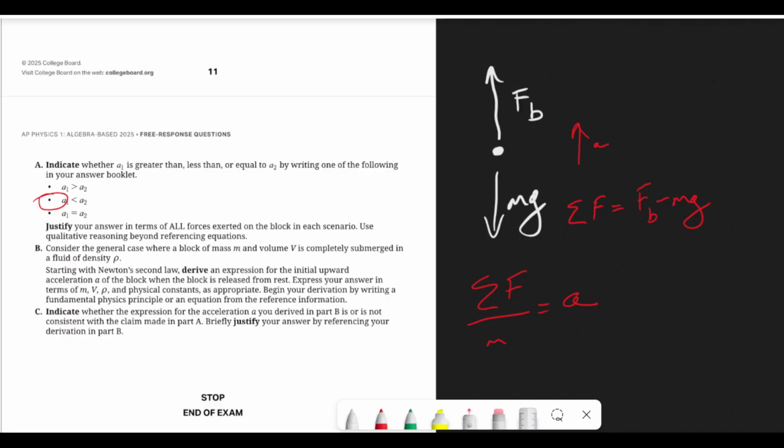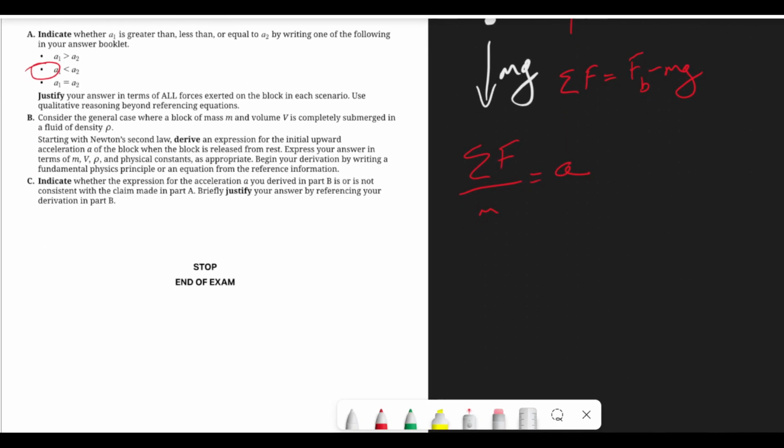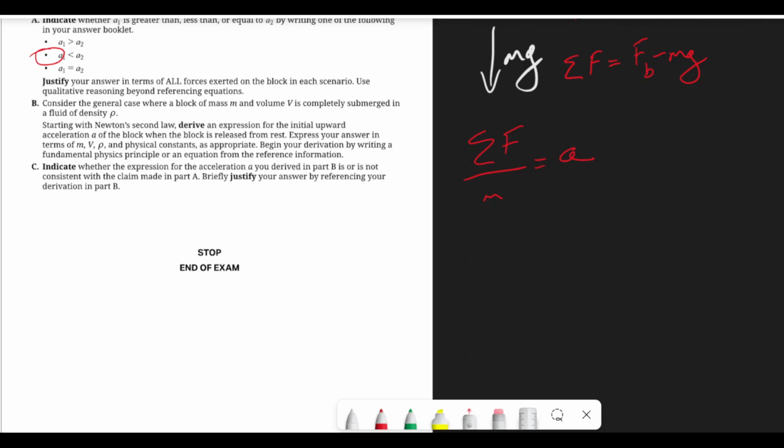And so my equation is going to look something like this: FB minus mg, divided by m, is equal to my acceleration. But now notice I have to put it in terms of these variables and physical constants. So what is the equation for the buoyant force?